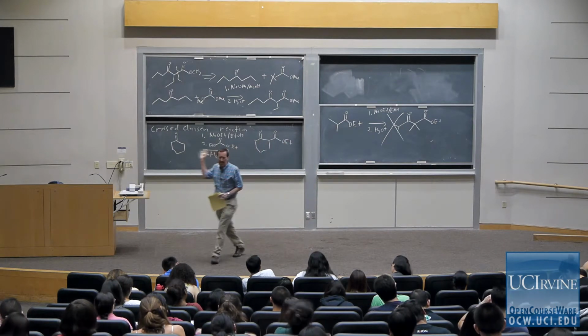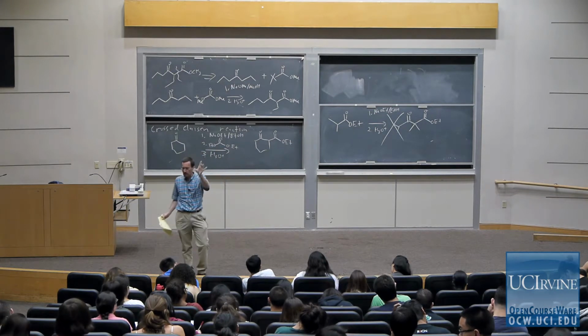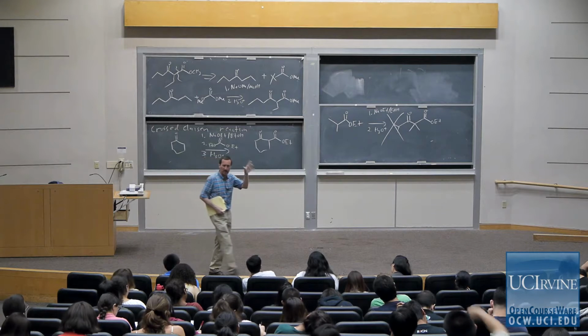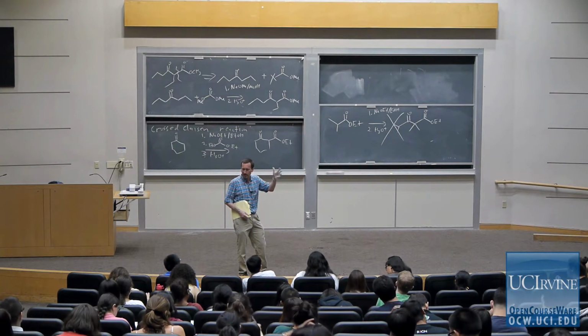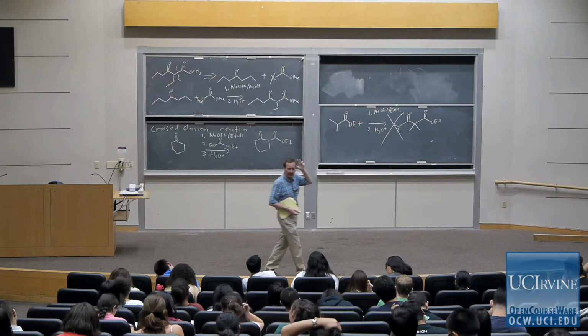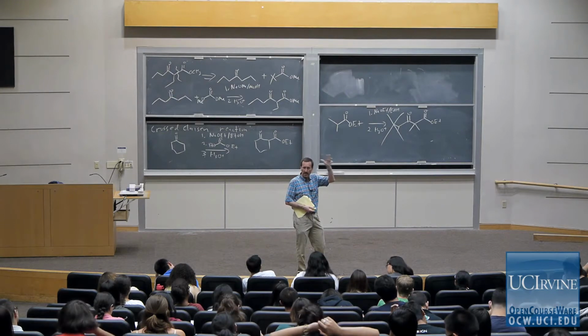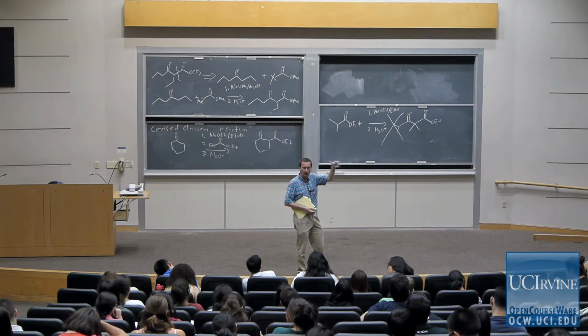There's 5 pKa units. Remember, every order of magnitude, every factor of 10 in an equilibrium constant at room temperature is worth 1.36 kilocalories per mole. So 5 times 1.36, we're practically up at close to 10 kilocalories per mole of driving energy for that reaction.